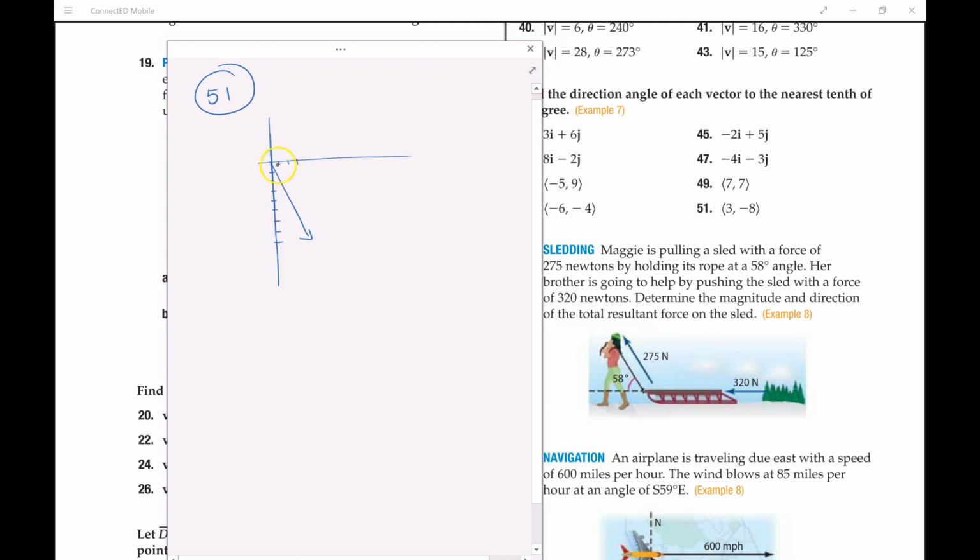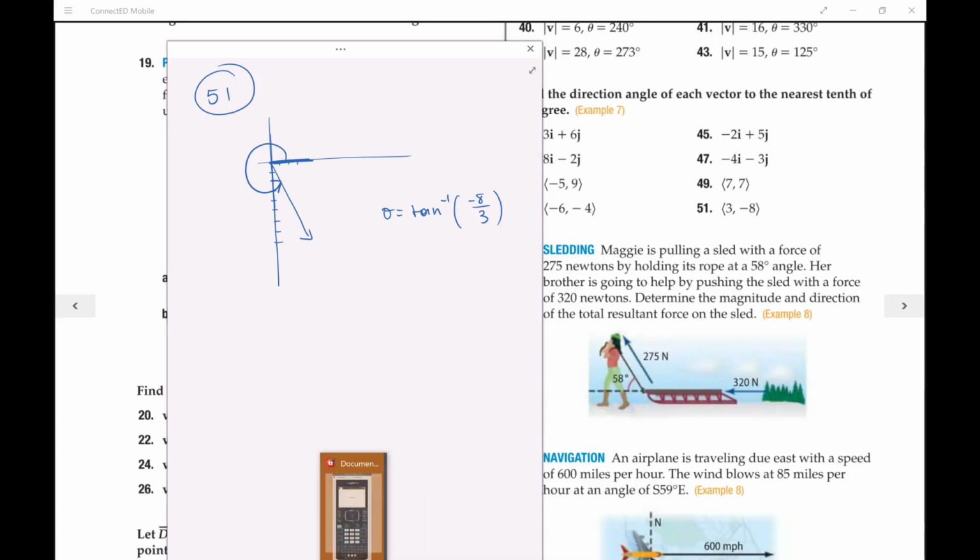Now, the angle for these vectors is always measured from this horizontal line counterclockwise. So that's the angle that you want. So now, if I want the angle here, it's inverse tangent of -8 over 3, right?